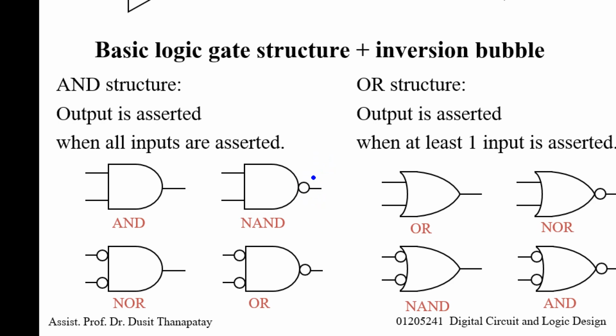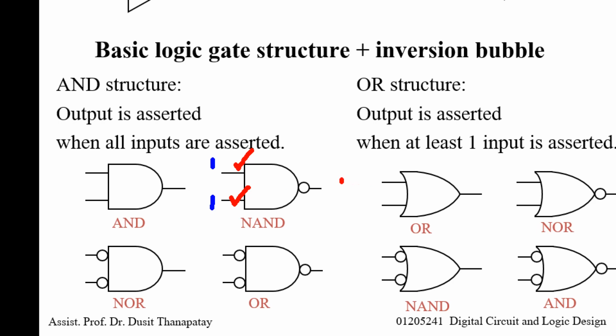So again, because of the AND body structure, we can say that the output will be active if and only if both inputs are active. So if I apply 1, 1, it's active high, right? That means this input is active, this input is active.